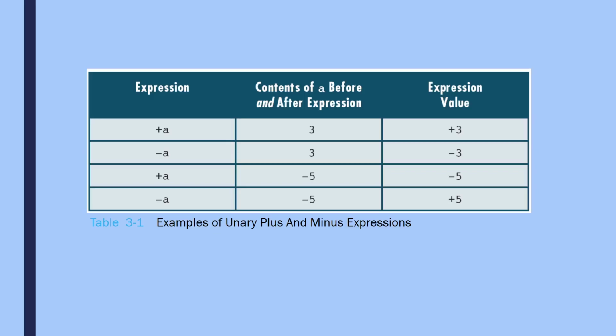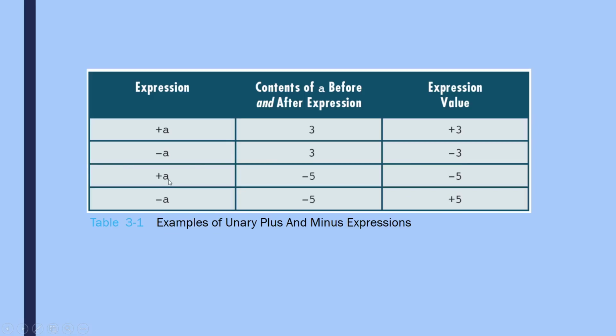We have here the expression at column 1. Column 2 contains the content of A before and after the expression, and column 3 is the expression value. We have the expression plus A, and the content of A is 3, and the expression value is +3. Now we have negative A, and the content of A is 3, so we have -3.